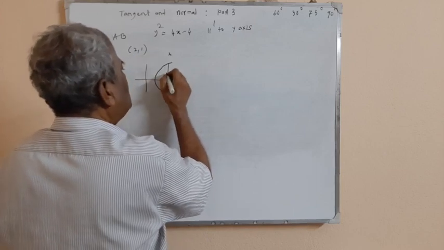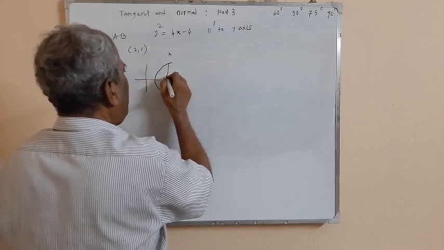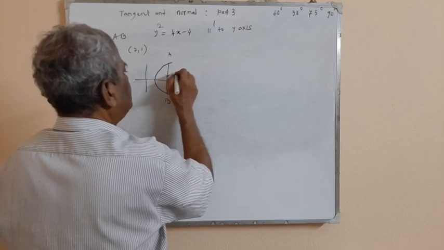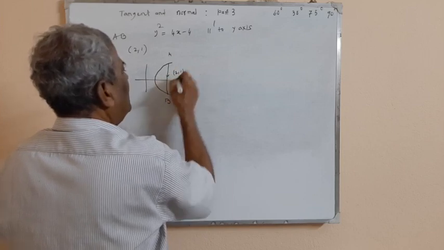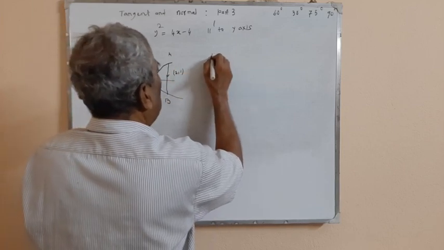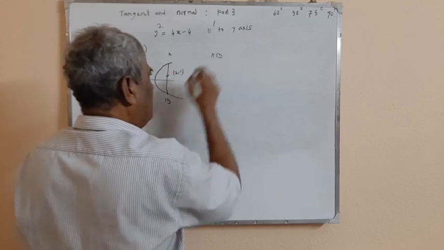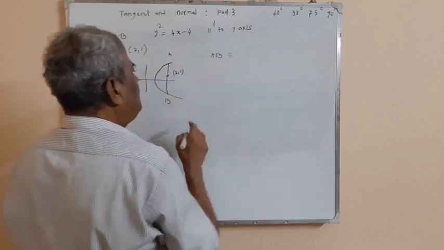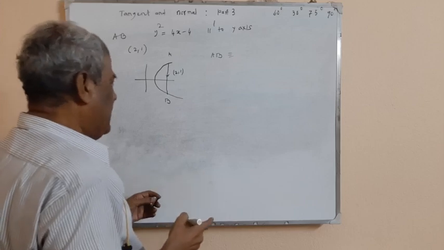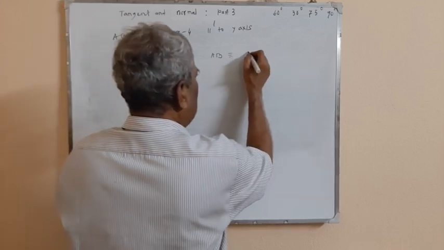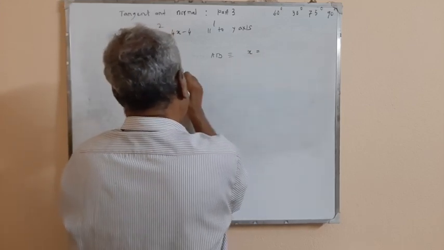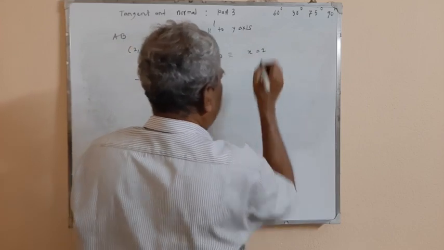Say 2, 1 is that point. So the equation of chord AB, because it is parallel to the y-axis, is x is equal to something, x is equal to 2.